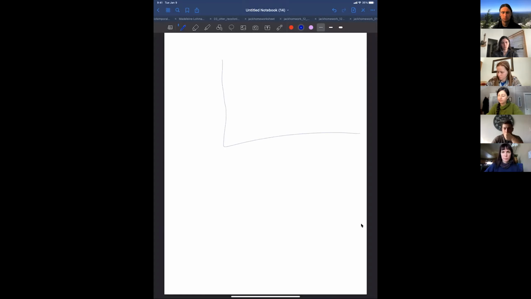Okay. This is x, this is y, and our function of x equals beta 0 plus beta 1 x plus beta 2 x squared. Right, this is how we get a bend in our line.